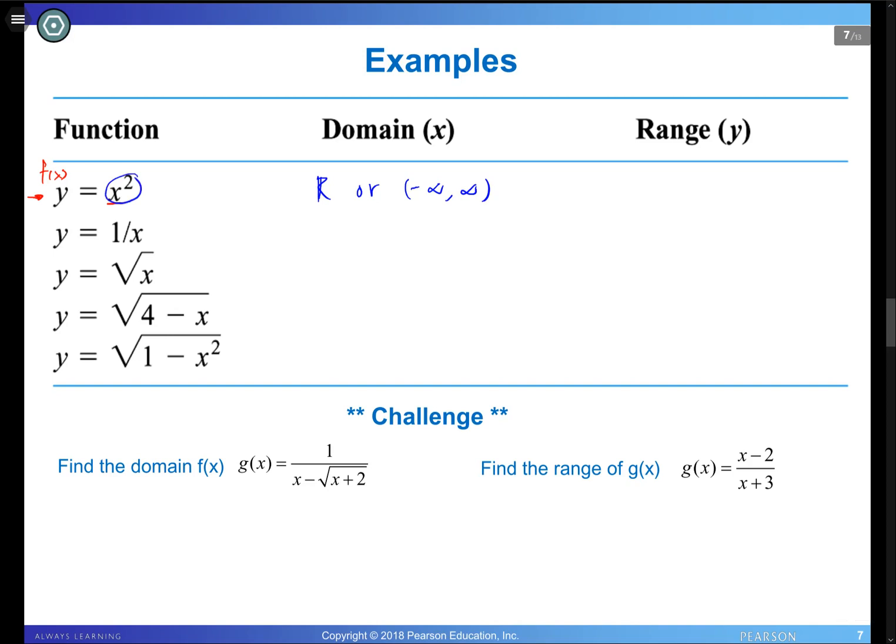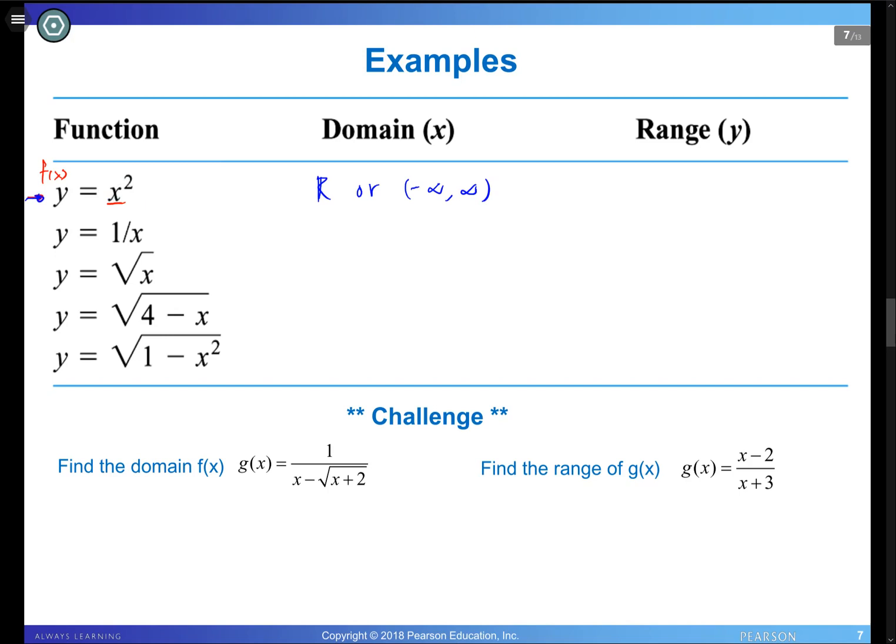Now, what about the range? Range is all possible values of the image of this. So I ask myself, looking at this same function, can y be really big, like a really, really large number? Of course, y can be really large if x is really large. Can y be really small, like 0.01?